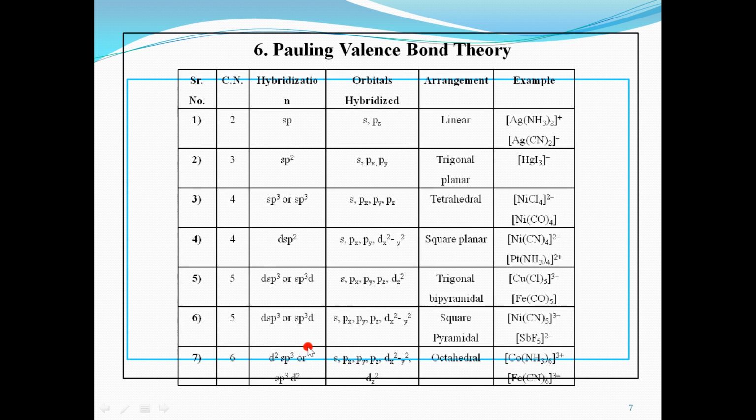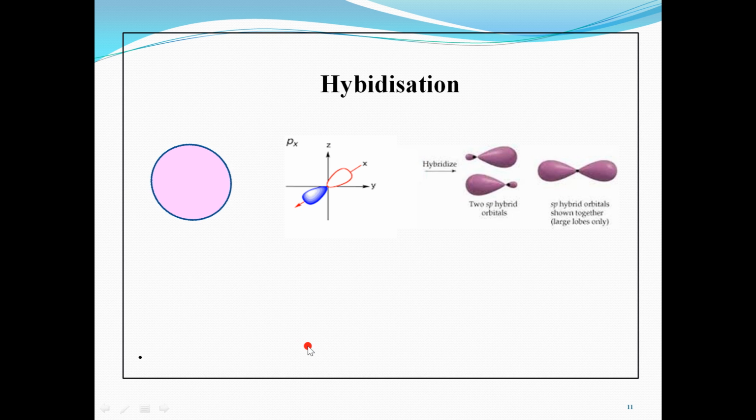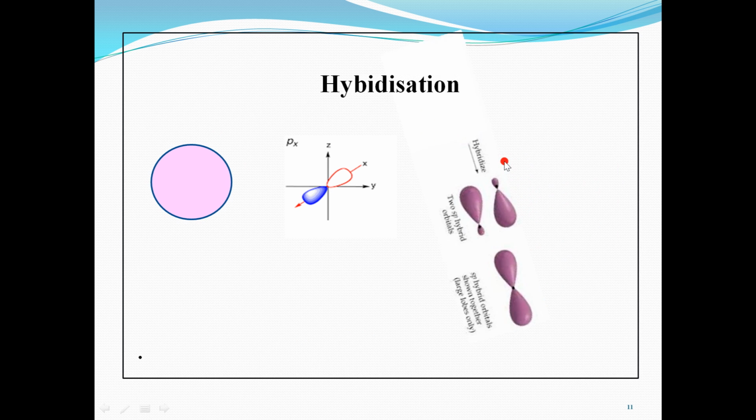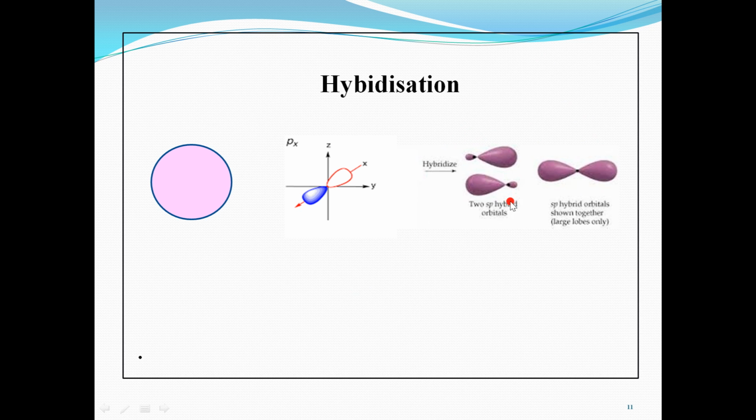And after that we will go through the next topic, that is hybridization. As we know, when the s orbital and p orbital are hybridized, they give rise to two sp hybrid orbitals, that is, the s orbital overlaps with the p orbital, and these hybrid orbitals come together and overlap, giving rise to sp hybrid orbitals.